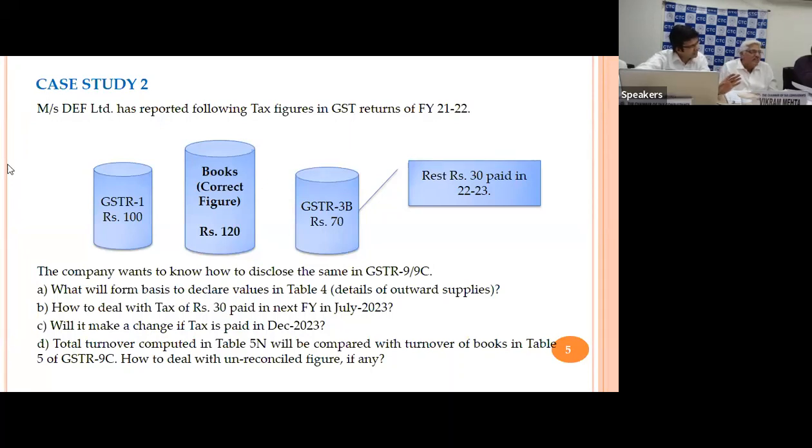That will not come in paid. In your table 9, the difference will be there, and to that extent you will have DRC03, which will show that you have already paid. All these DRC details earlier could have been disclosed in part B of your 9C if there was an auditor reconciliation that so and so DRC has been filed and so and so tax has been paid. But now there's nothing. The officer does not get that intimation.